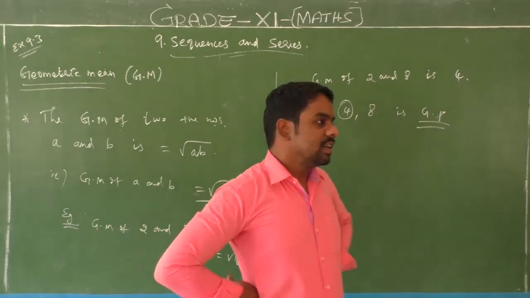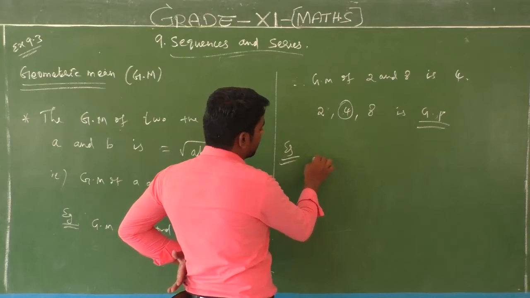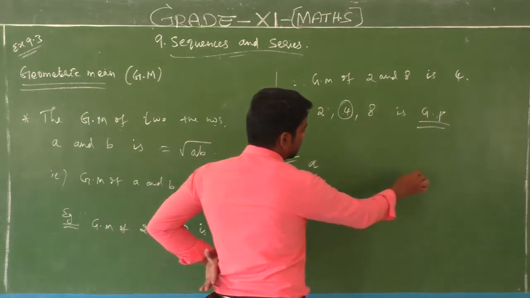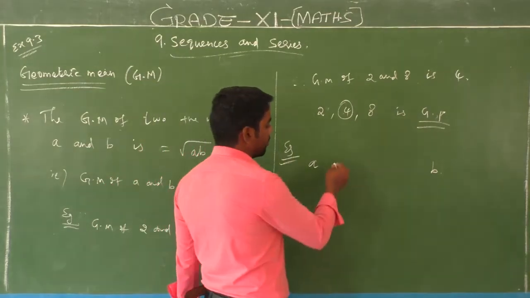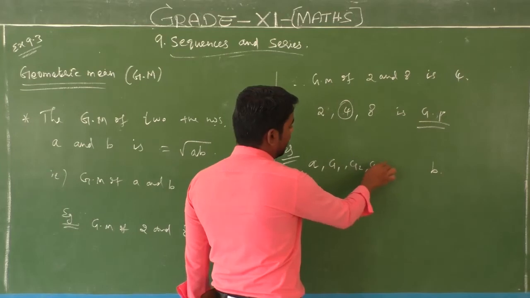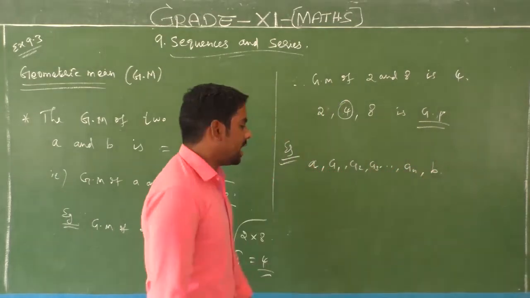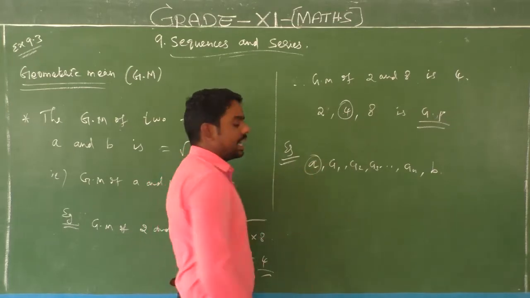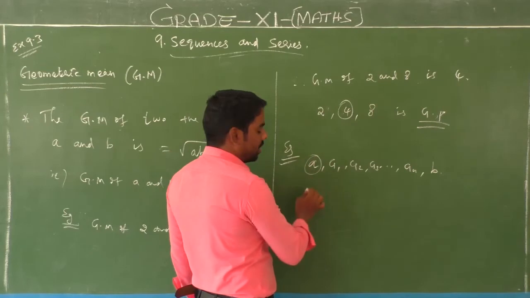For example, a and b are two numbers, and we insert n geometric means G1, G2, G3 and so on, up to Gn, between a and b.